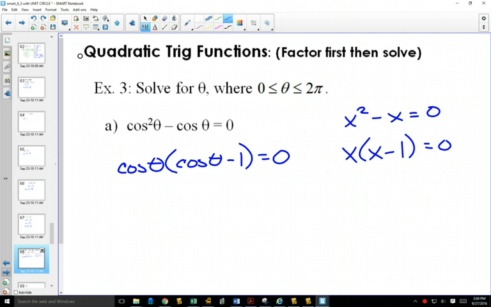So when we want to write cos times cos, which makes like x times x is x squared, we write the squared in there. So this cos squared theta means cos of theta times cos of theta.